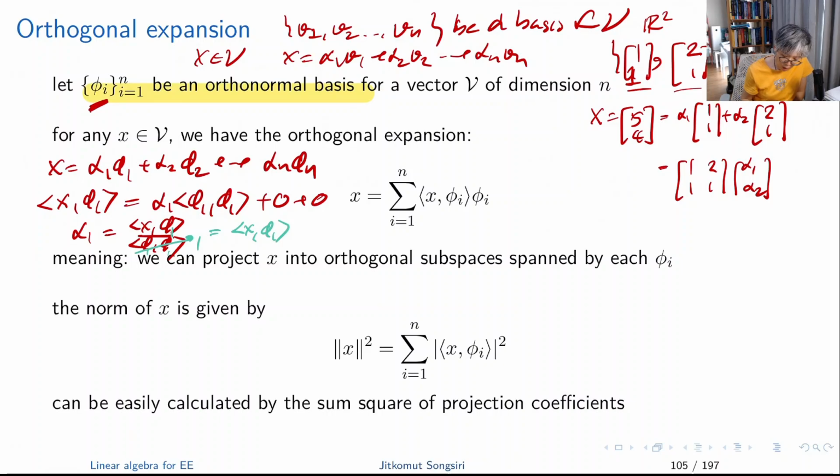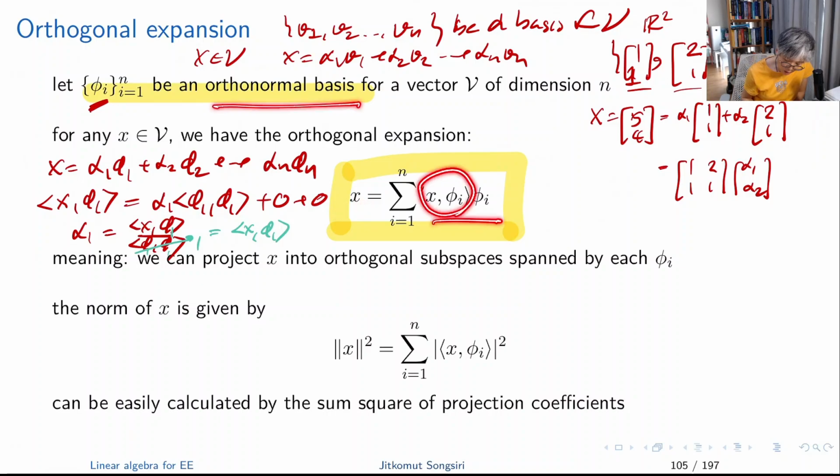So that's why we have the orthogonal expansion. If you want to represent any vector x onto the orthonormal basis, the coefficient is very simple. Just take the inner product of x with each of the orthonormal basis vectors.